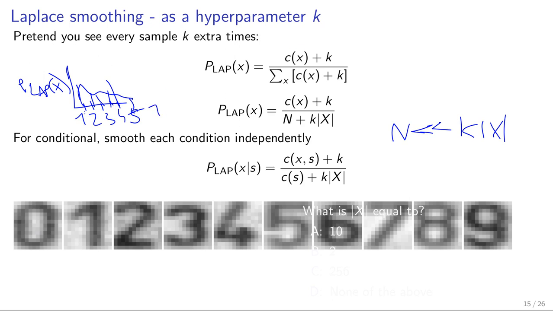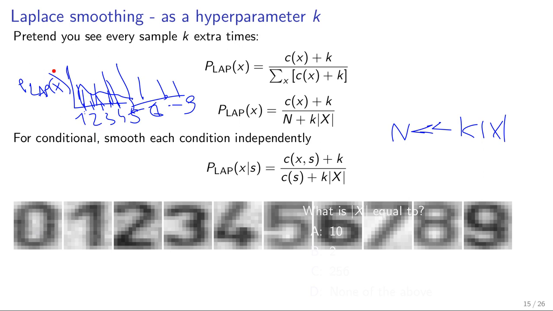So we have a discrete probability distribution depending on how many times we have seen that pixel intensity in the data. Some of them will be 0.